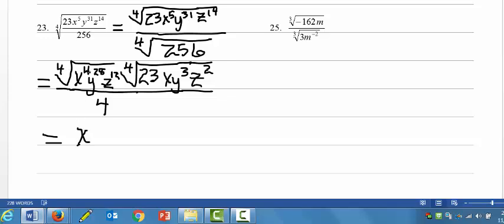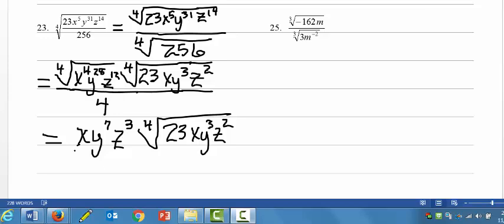Notice I'm multiplying these powers by 1/4 because a fourth root is a power of 1/4. 28 times 1/4 is 7, so I get y to the 7th when I apply the fourth root to y to the 28th. 1/4 times 12 is 3, so the fourth root of z to the 12th is z cubed. And then I recopy this radical that can't be simplified. And then I write this whole expression over my denominator of 4.